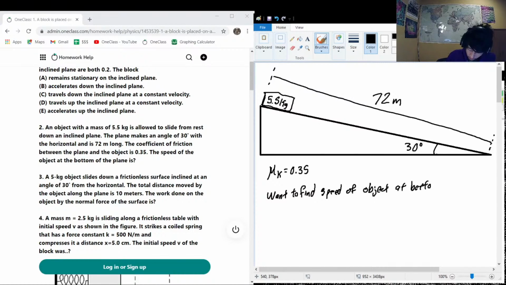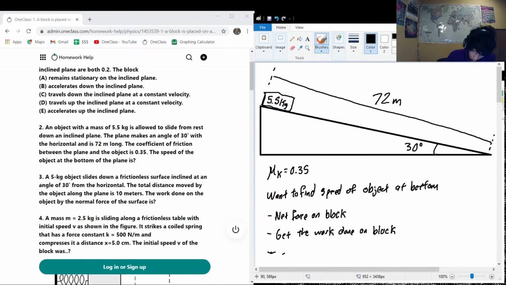So first I'll write out our plan on how to go through this, and then we will go through the plan step by step. First we want to find the net force on the block. Then we want to get the work done on the block.